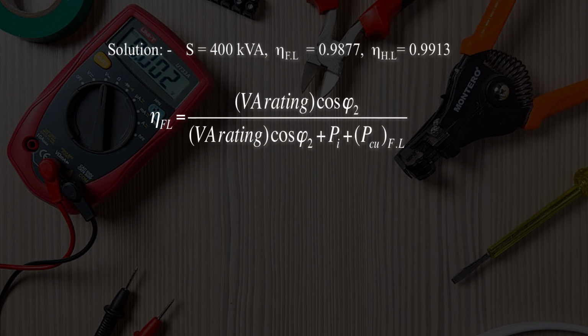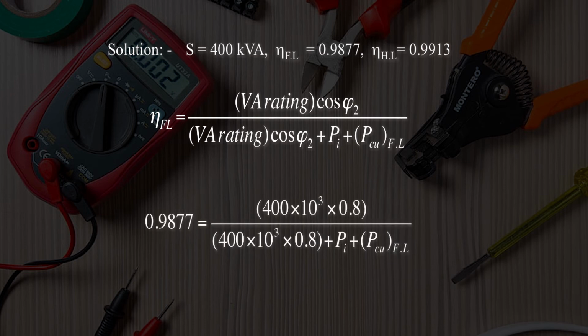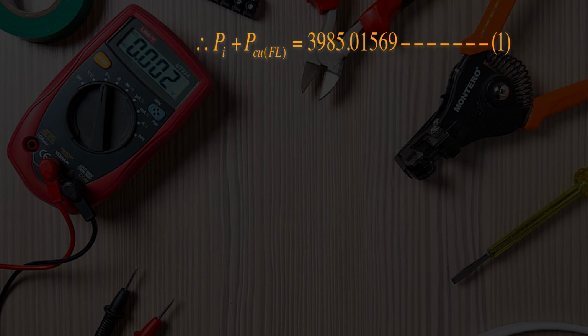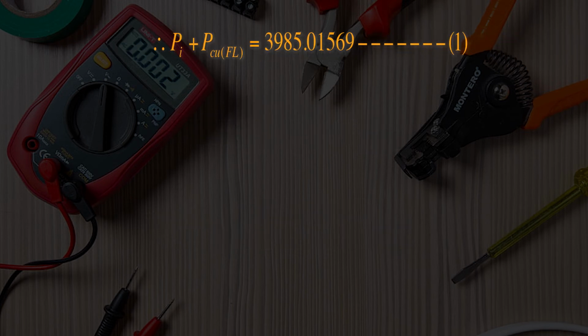So 0.9877 equals 400 into 10 to the power 3 multiplied by 0.8 upon 400 multiplied by 10 to the power 3 multiplied by 0.8 plus Pi plus PCU at full load. By this expression you will get one equation. So we can write Pi plus PCU full load is equal to 3985.01569. This is equation number 1.